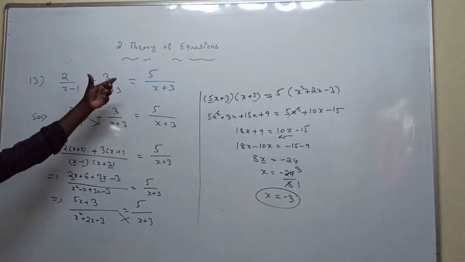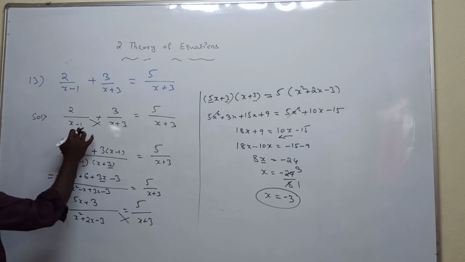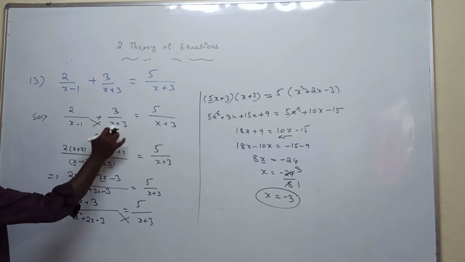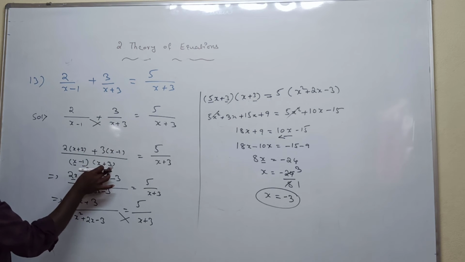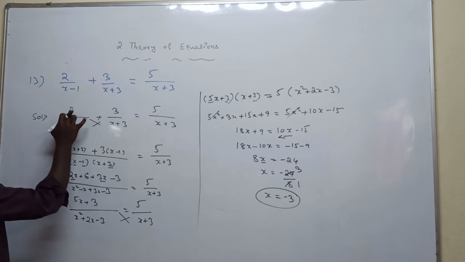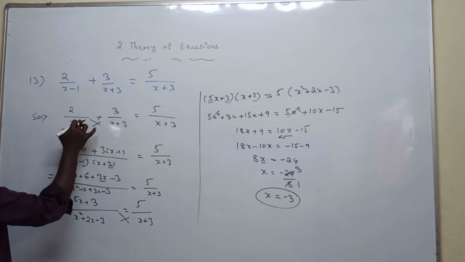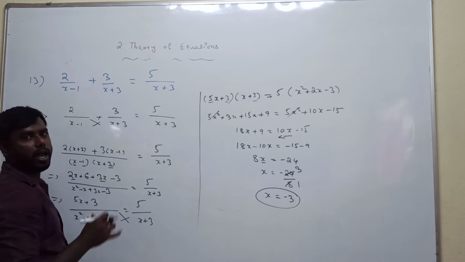Everyone understood? What are the given equations? Write as it is. After that, take the LCM of the denominators: x minus 1 into x plus 3 is the LCM. After that, cross multiplication: 2 into x plus 3 plus 3 into x minus 1 is equal to the right side values, which you write as it is.